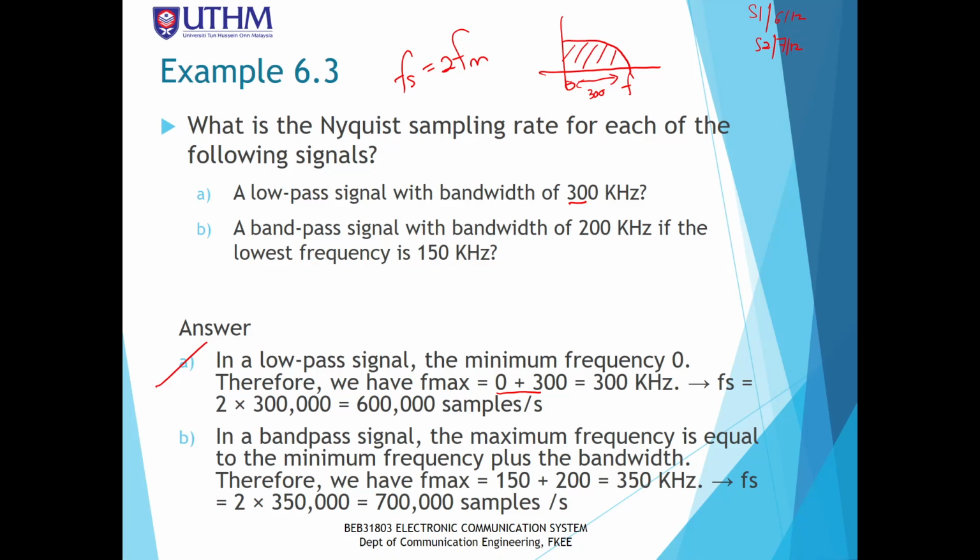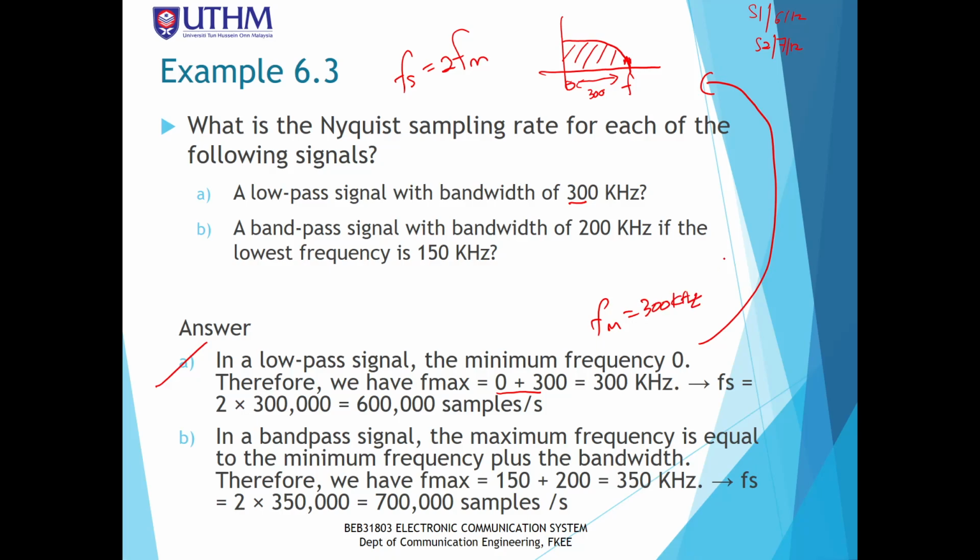Okay, so from the picture that I've drawn here, we see that the highest input would be at 300k. If the minimum is 0, that means with a bandwidth of 300 kilo, the highest frequency would be 300, 0 plus 300k. So the highest frequency, the highest FM, would be 300 kilohertz.